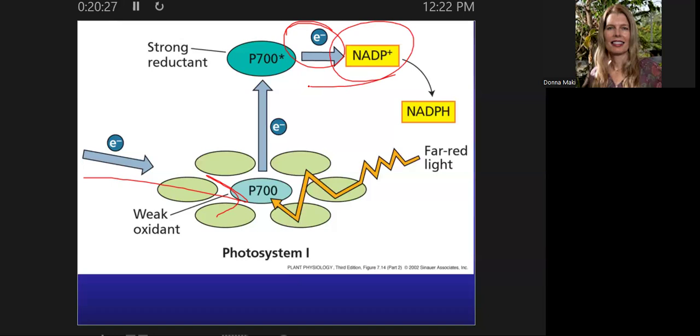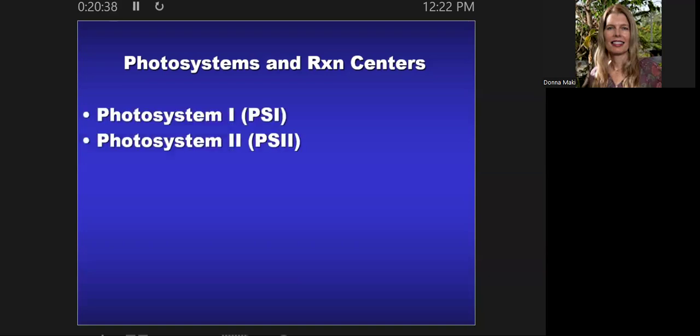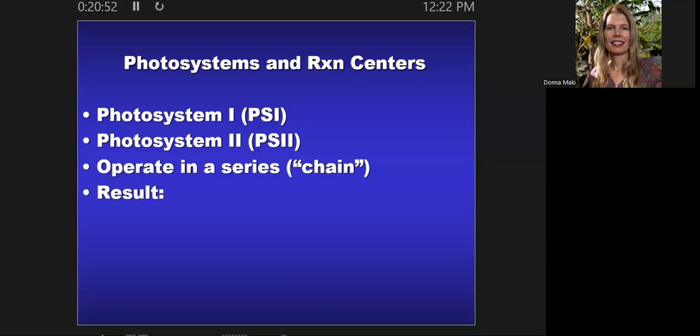Okay, so those are some of the big picture ideas on what's going on with the light reaction process. Those photosystems, by the way, are named photosystem 1 and 2 just because that's the order they were discovered in. So we abbreviate them PS1, PS2, and they are operating in a series or a chain.